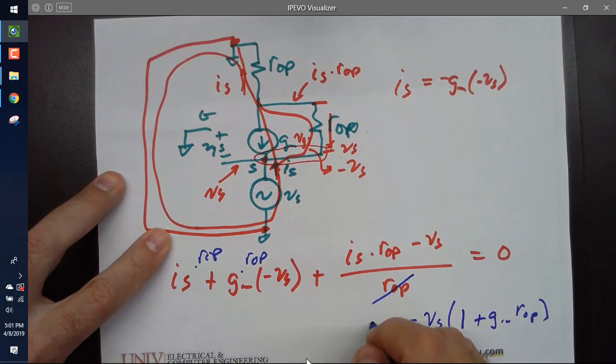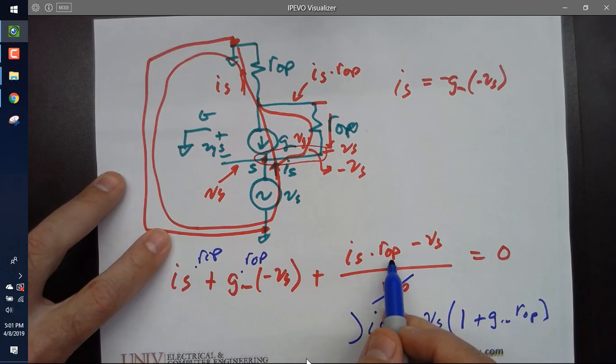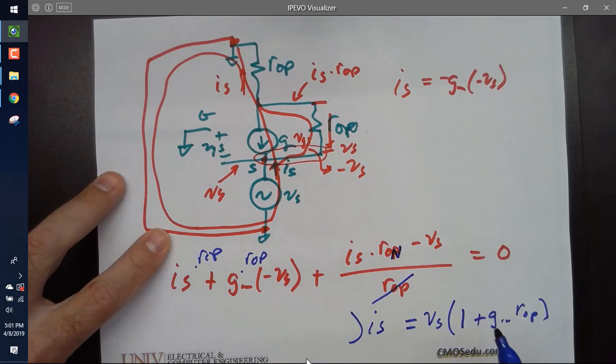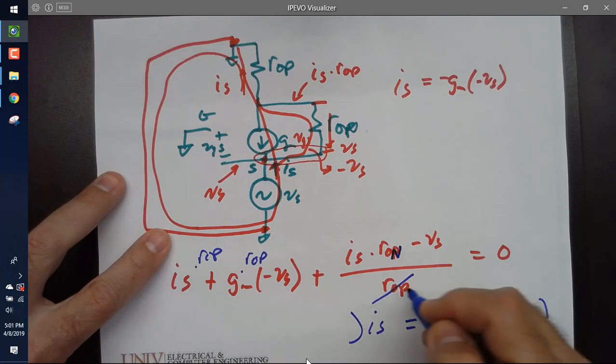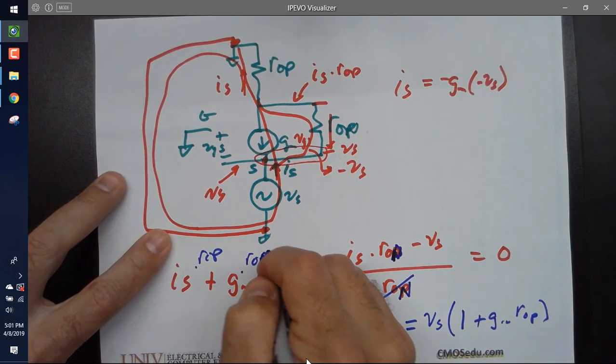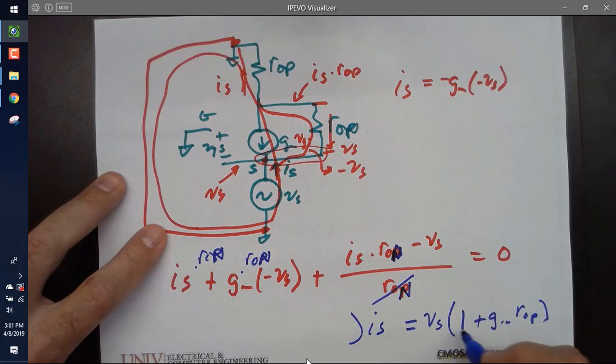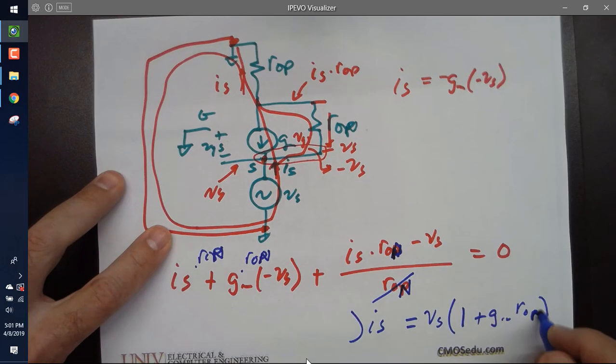And then over here I have IS times, it's supposed to be RON. What did I do? Oh yeah, sorry. And then the bottom one. No, wait. Oh yeah, you're right. That's ROP. And this is RON, so this would be RON. This would be RON. And so that would be 1 plus GMRON.